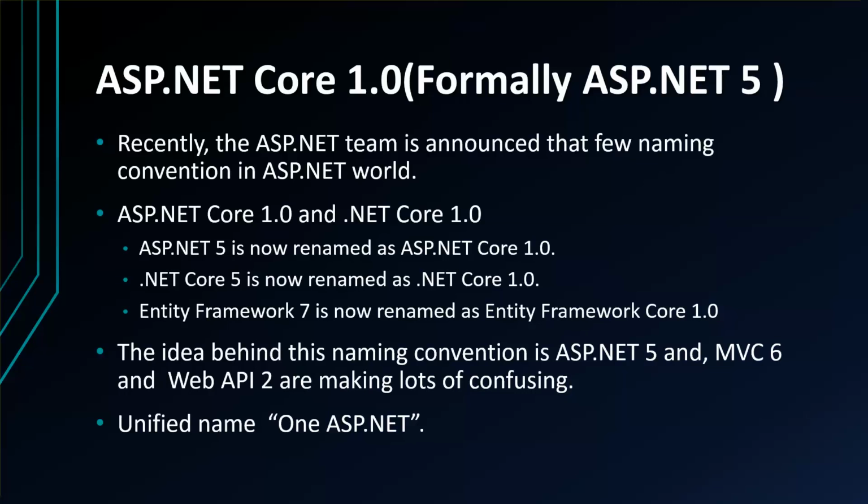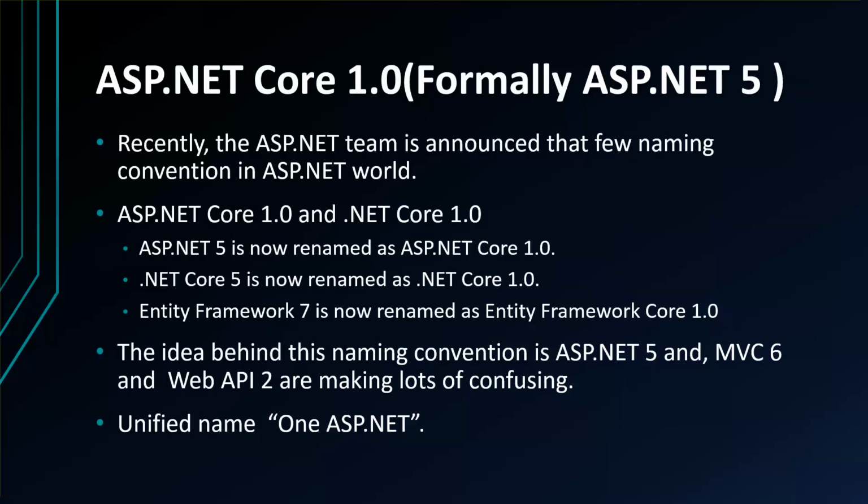They made so many architectural changes that they didn't want to call it MVC 6, the next version of MVC 5, or the next version of ASP.NET, because they made complete changes to the older versions. That is the reason they wanted one single, different name apart from MVC 6 and ASP.NET 5. So they finally decided to call MVC 6 and ASP.NET 5 as ASP.NET Core 1.0.